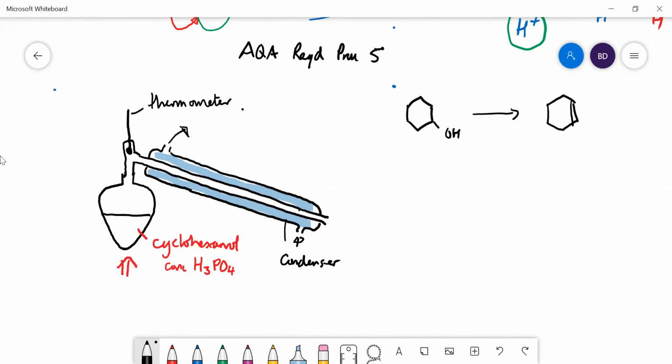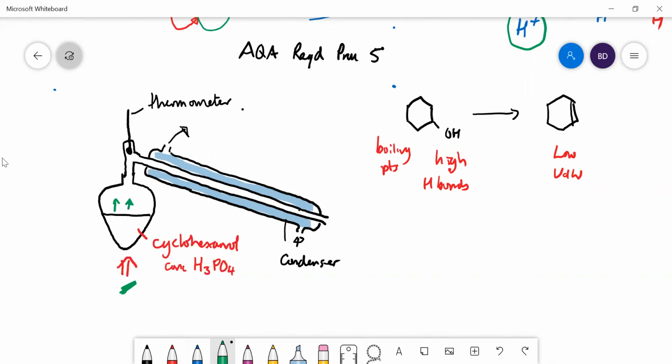Okay, let's have a think about the boiling points of those then. So this is going to be high because it can form H bonds. This is going to be a lot lower because it can only form van der Waals forces. Okay, so that's important because as soon as you start heating here and you start dehydrating your cyclohexanol, what's going to boil off?